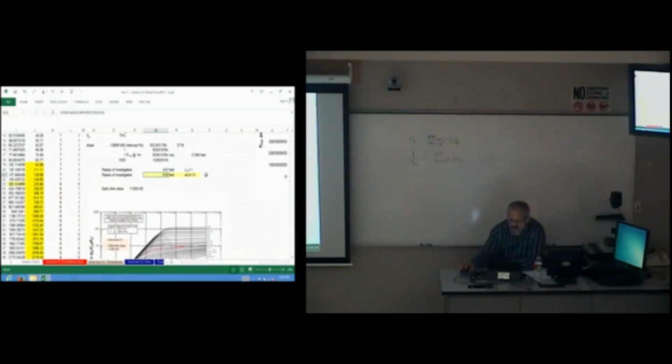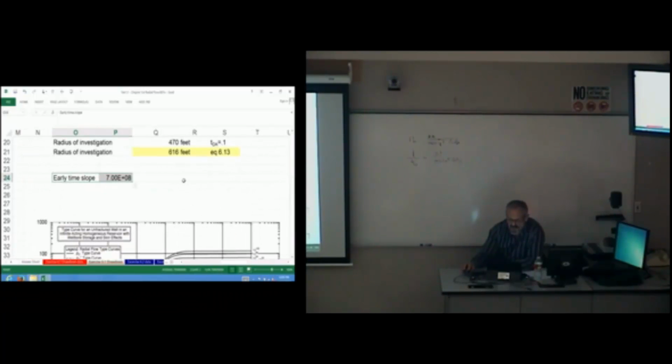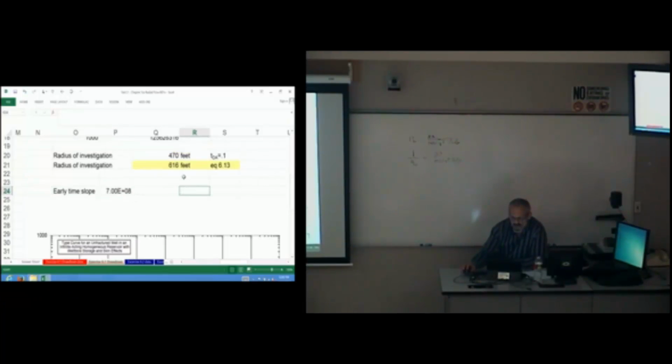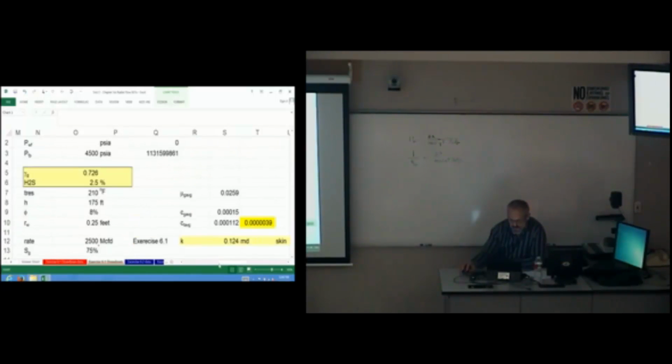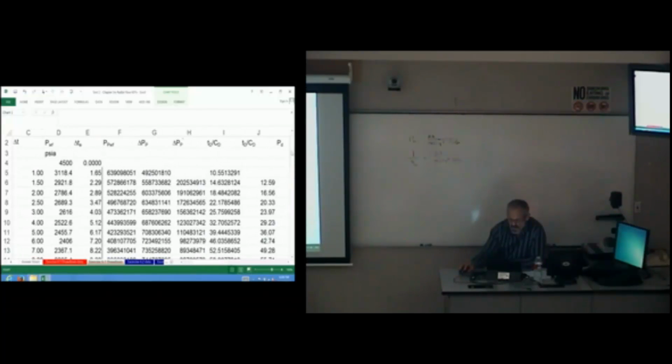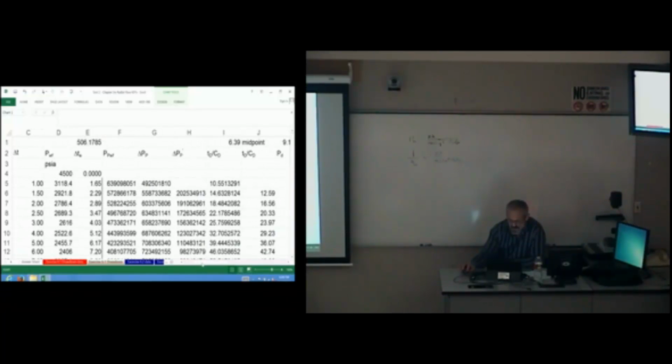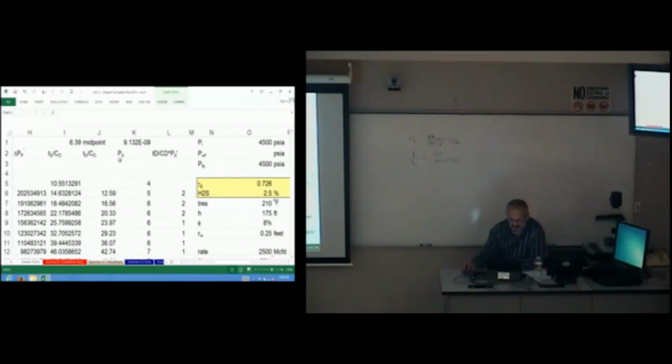And I used a previous template that assumed that I could calculate an early time slope. Remember, that'd be just pressure versus time Cartesian for wellbore storage. A lot of times, instead of writing the equations like I do in class, I'll just use a function.